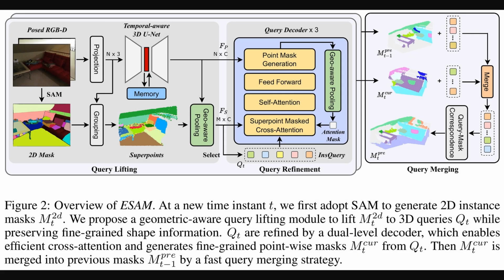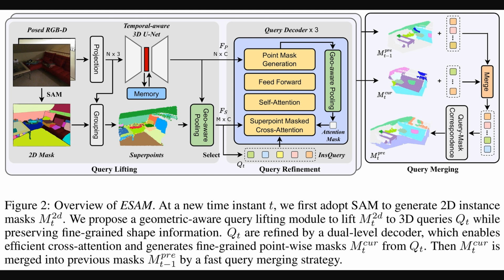Okay, so this next figure, figure 2, gives us a look under the hood at the EmbodiedSAM system itself. It starts with the posed RGB-D input. That's the video stream with depth, where the system also knows the camera's viewpoint. The segment anything model, or SAM, generates 2D masks. Then, the query lifting stage is crucial.